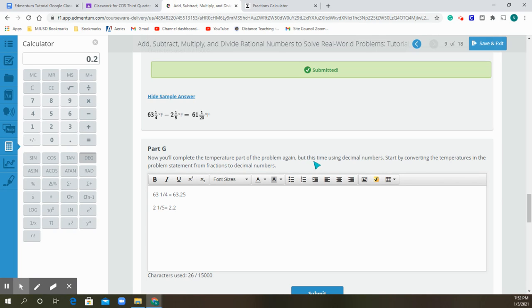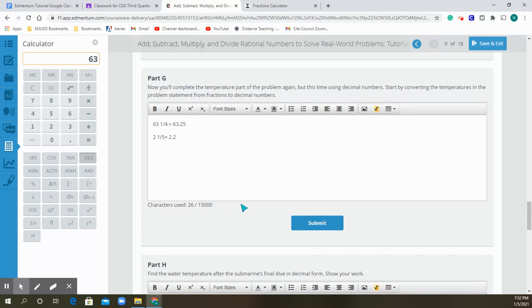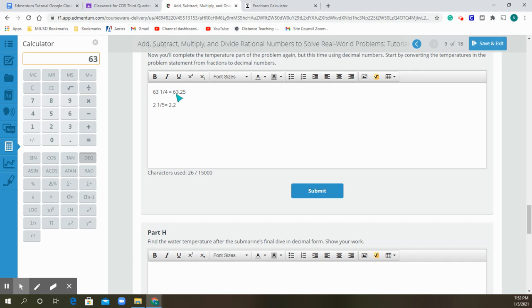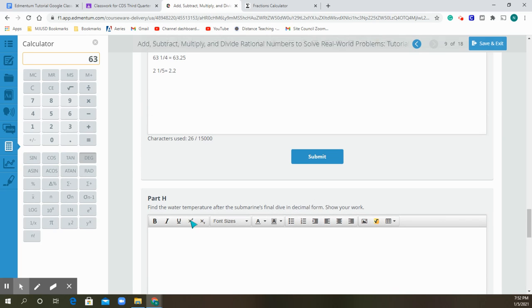Then it says, okay, but this time using the decimals. So now, 63, does it find the water temperature? Okay, so now we've converted the temperatures into decimals. Next, part H says, find the water temperature after the submarine's final dive in decimal form.